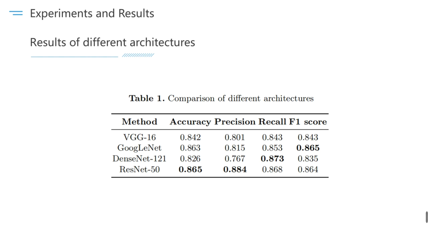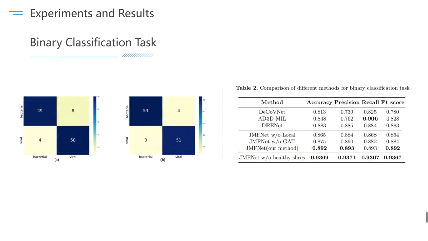After comprehensive consideration, we ultimately chose ResNet 50 as the backbone network for extracting global features. Incorporating a Faster RCNN branch, our proposed model effectively captures the anatomical dependency information of local lesions.